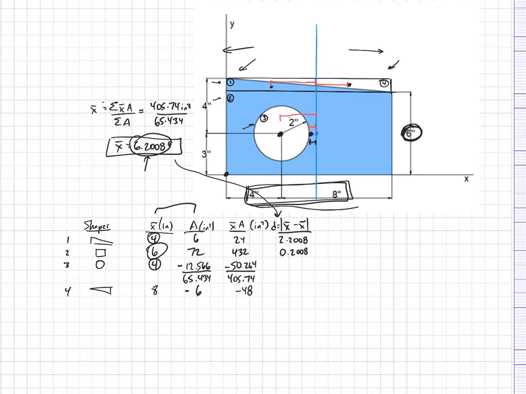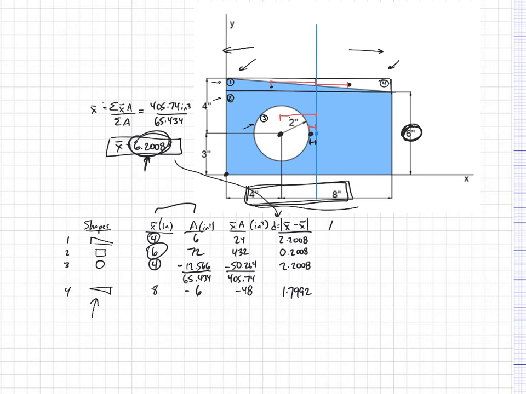And for the last one, it's 4. So the distance from 4 to 6.2008 is 2.2008. And then this little sliver right here, it's 8 minus 6.2008.